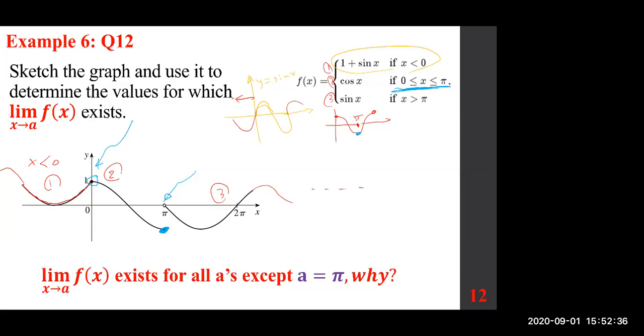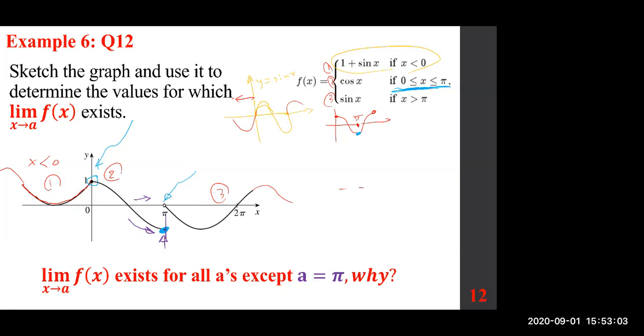What is the limit? As x approaches pi from the left, class, take a look at pi. Let me use a different color here. As you come from the left of pi, you're in this branch, so you have to write the y coordinate of this point, which is -1.